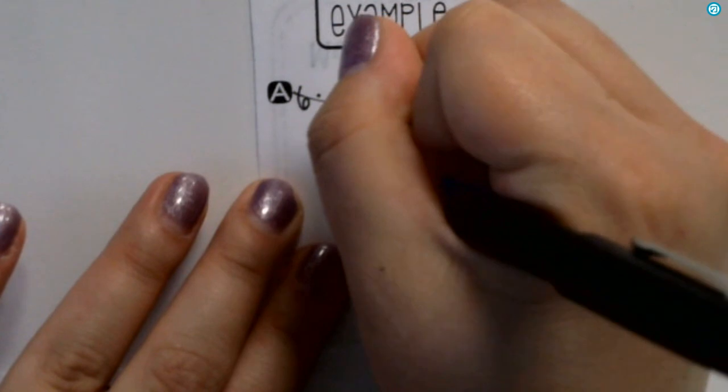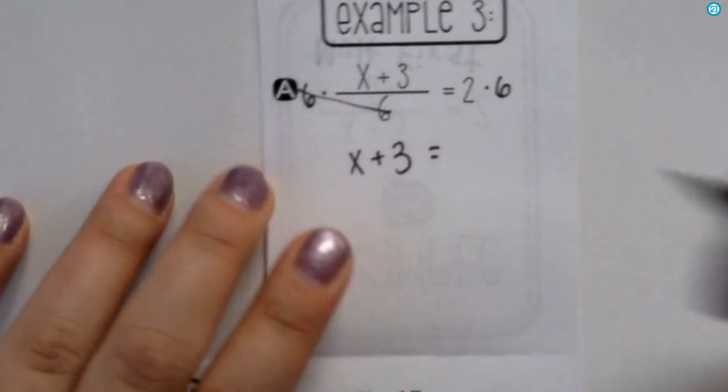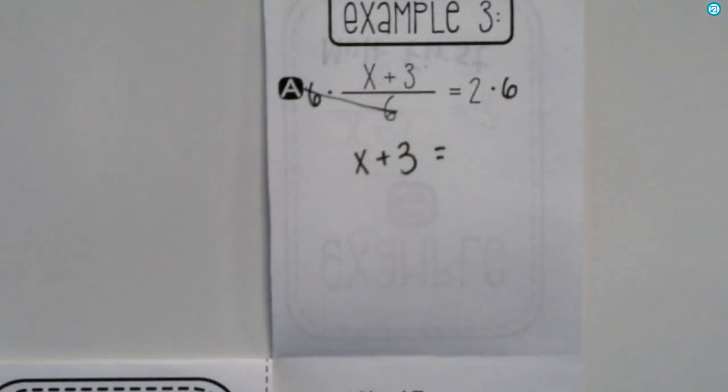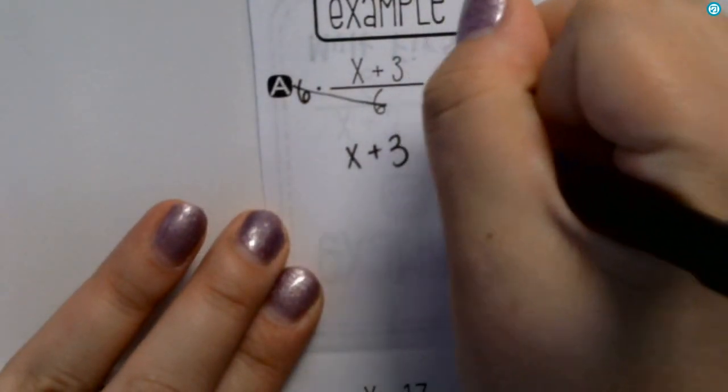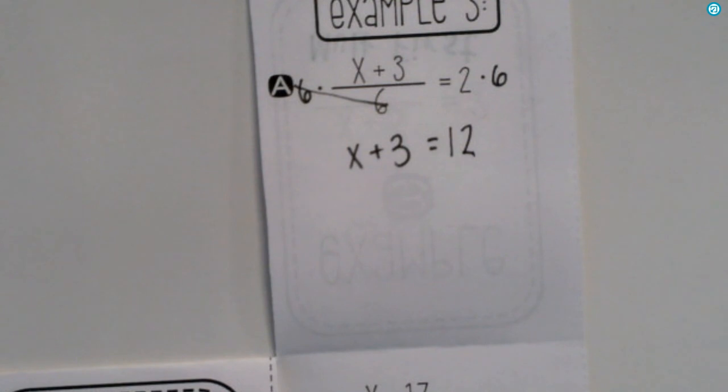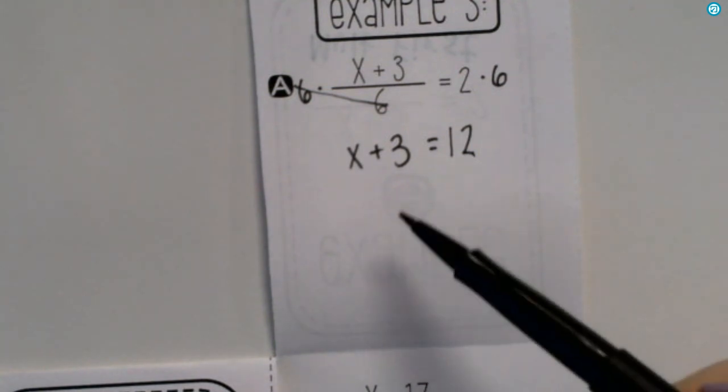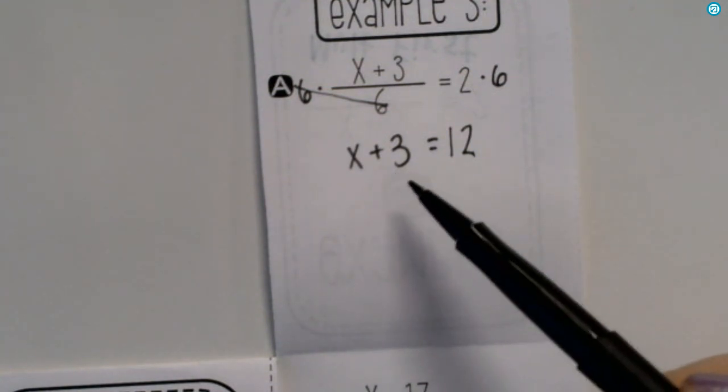On the right side, we have 2 times 6, which is 12. Just have 12. Then the last thing we need to do to get x by itself is get rid of that plus 3.